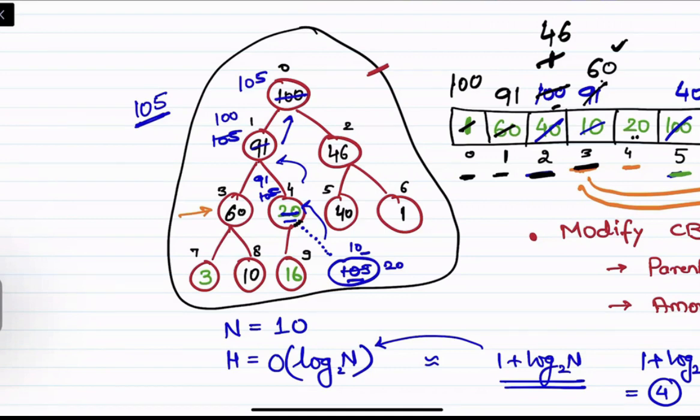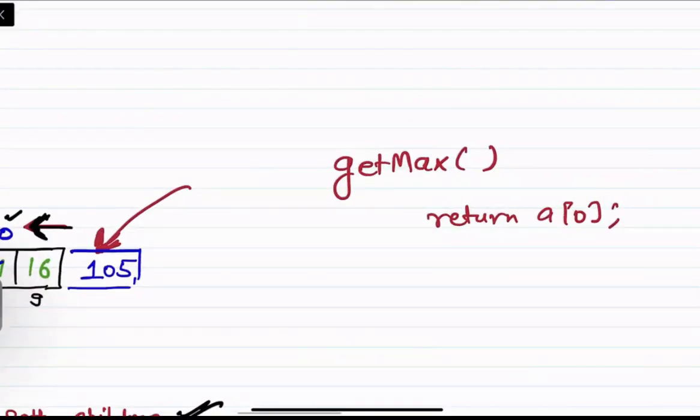Inserting a new value after everything was properly in shape takes how much time complexity? Height of the tree, and what is the height of a complete binary tree? Log n. Okay, so that is our second operation, where we want to insert a value x.